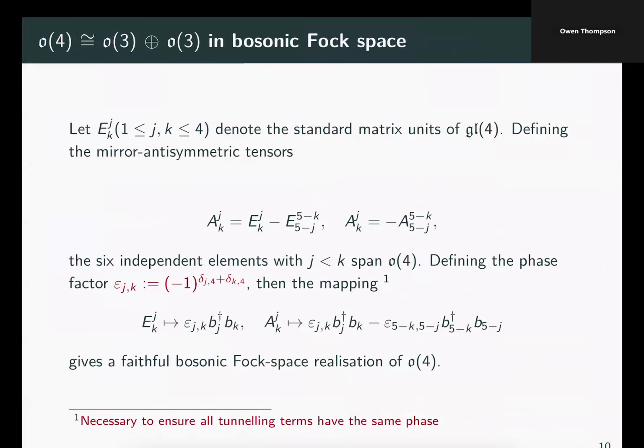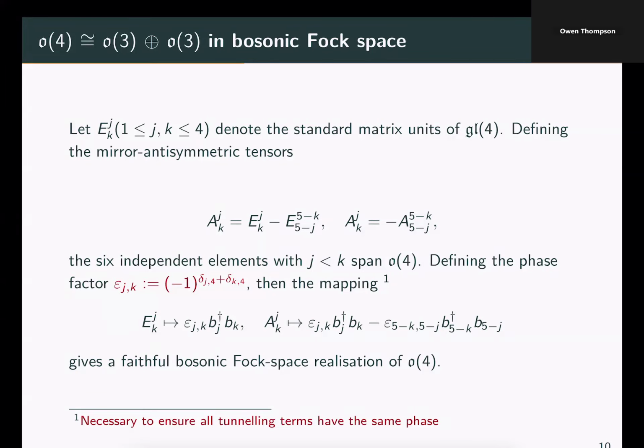Okay, so we started from the GL4 4D matrix units, and defined the mirror antisymmetric tensors. You should get 6 independent elements, and you can span O4. And we have to define a phase factor. In the end, when you write out your Hamiltonian, if you don't do this, you'll end up with one of your tunneling terms having a negative sign, which is sort of like a persistent current, but it's not really desirable. But you can define this phase factor and just get rid of it.